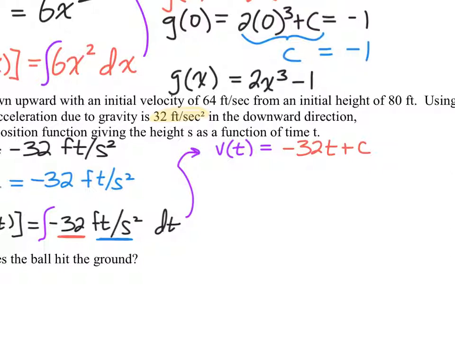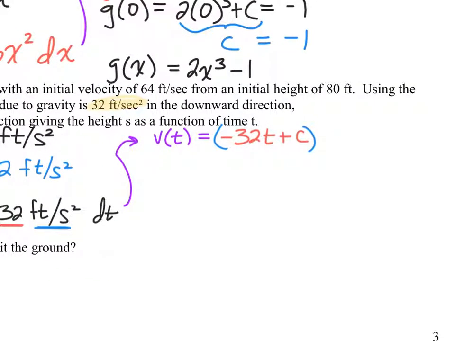Feet per second squared, well, that's not the units for velocity. What we're actually doing, if we're looking at this as a measure of velocity, we write this in notation form, but it's really a product. It's negative 32 times 1 foot per second squared times dt.